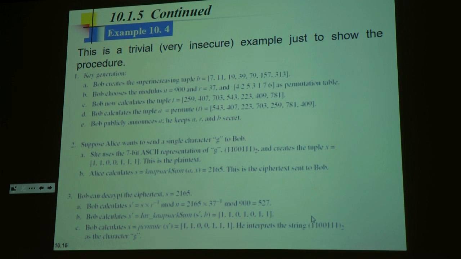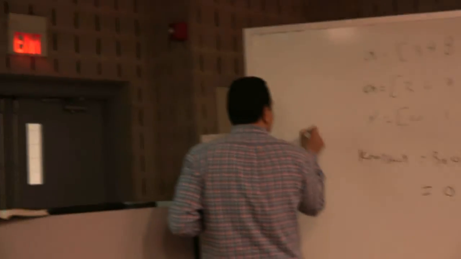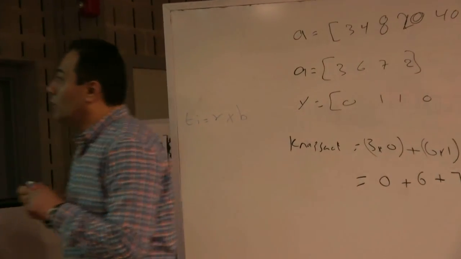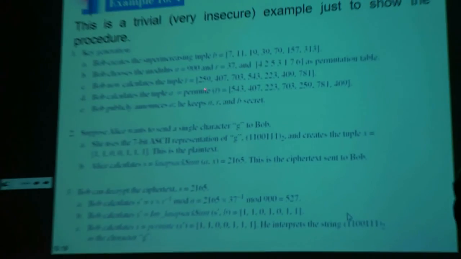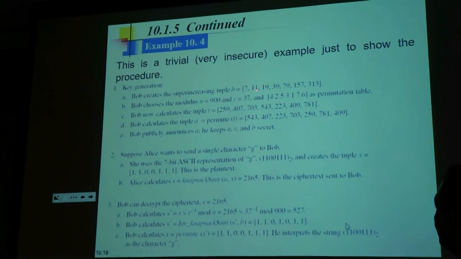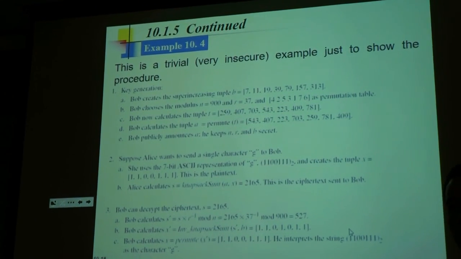Tuple T, where T_i equals R times B_i. So all you have to do is, how much is R? 37 times 7 will give you this number. 37 times 11 will give you this, and so on and so forth.